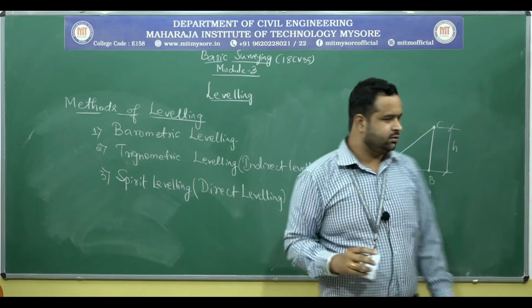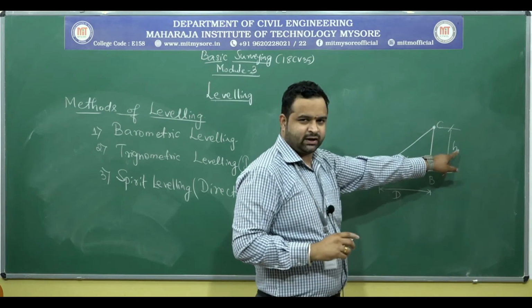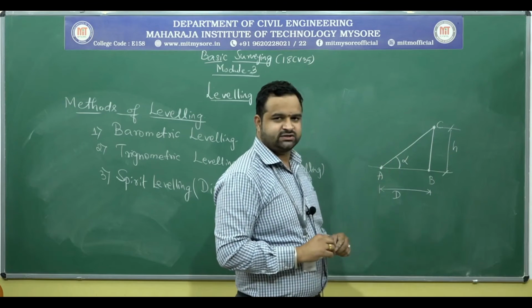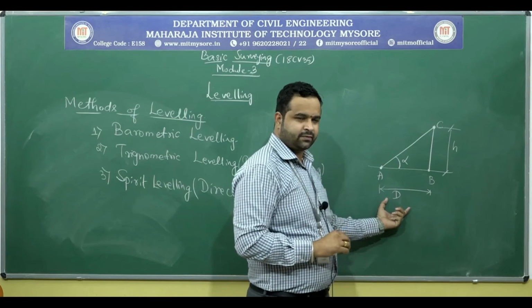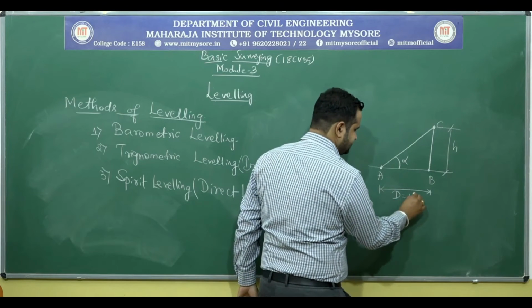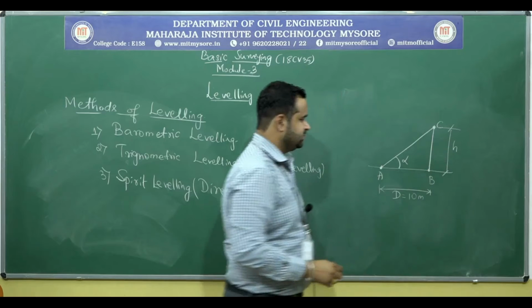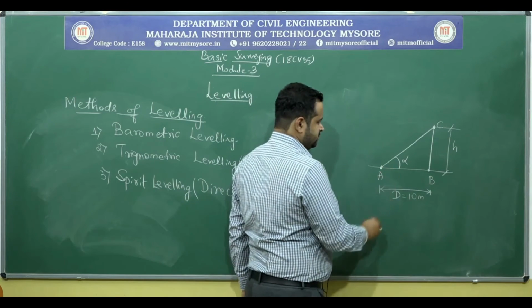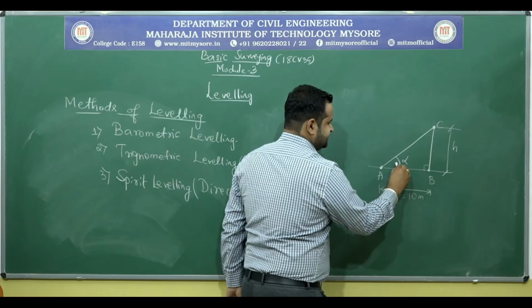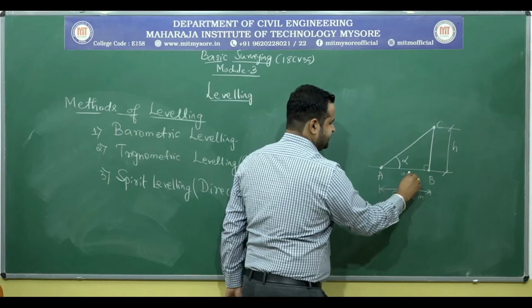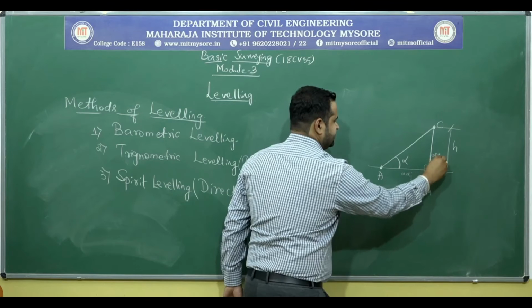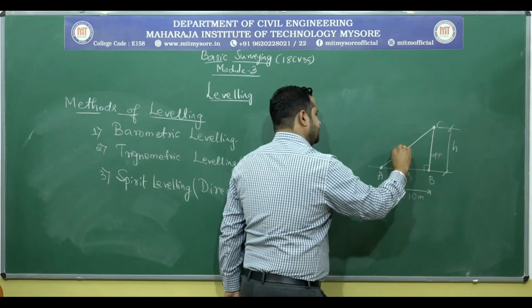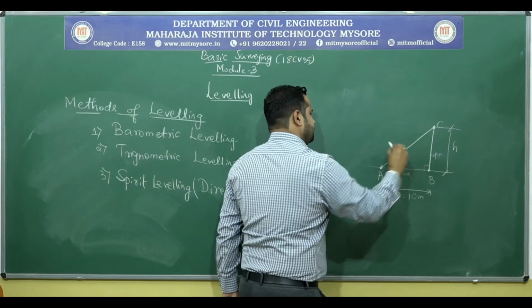So, if I want this h to be calculated, how can I calculate it? If I know this distance d, say for example 10 meters, now I want h. This is the adjacent side, this is opposite to alpha, and this is the hypotenuse.